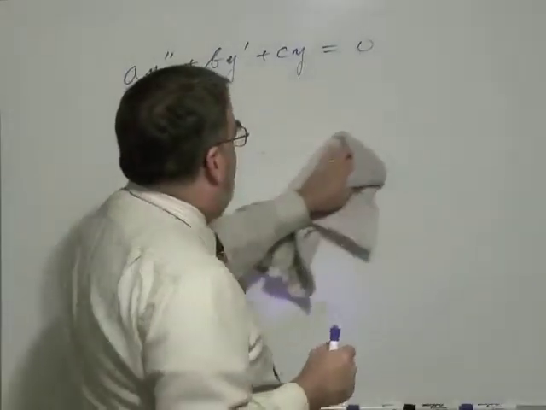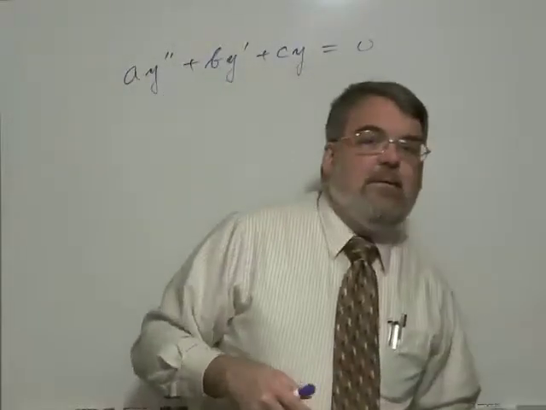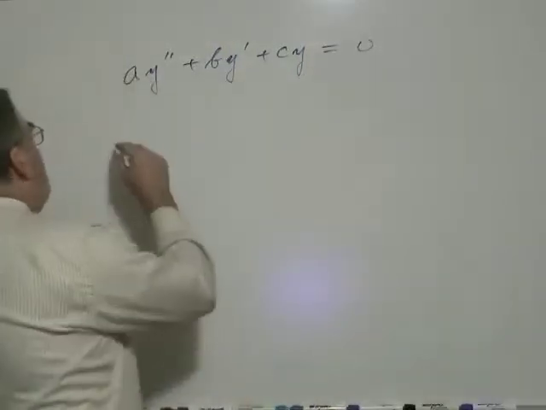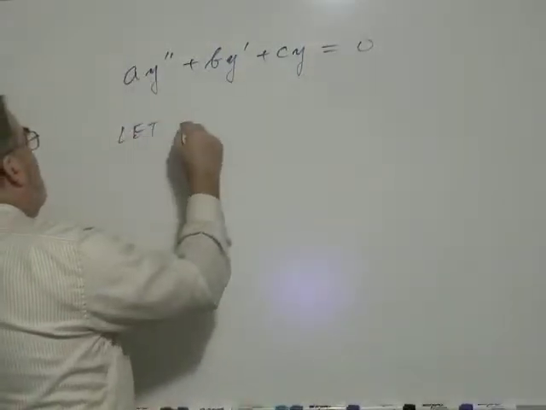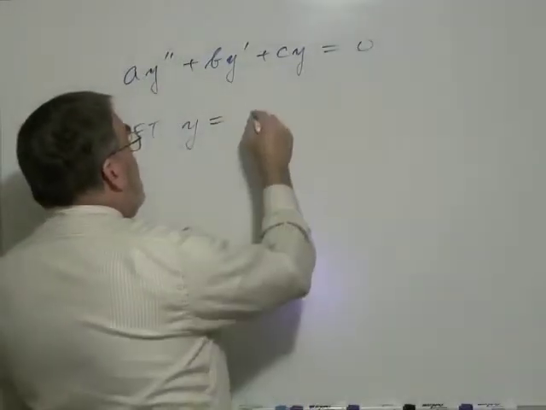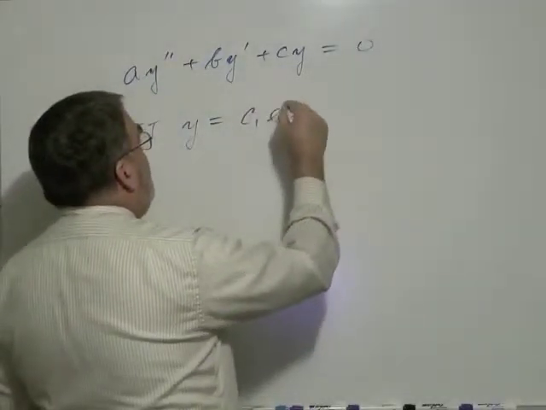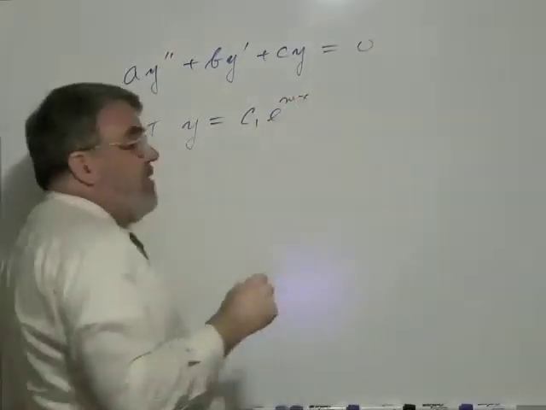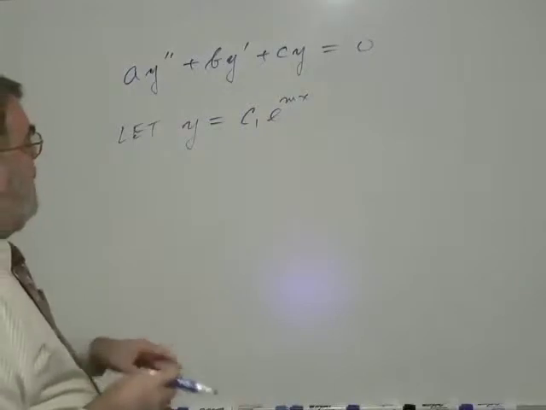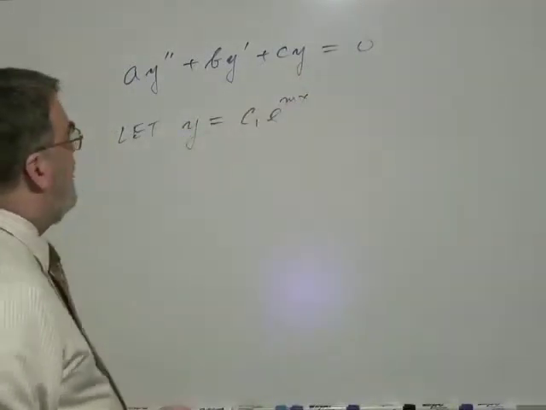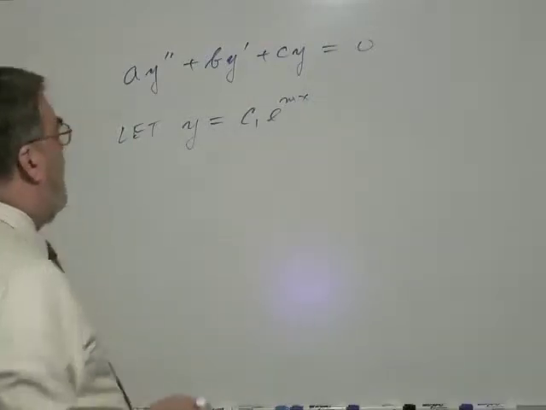And my idea is this: I'm going to do a trial solution here. I'm going to let y be equal to, I'm going to call it c1 e to the m times x. Now I didn't want to confuse this constant with letter c here, so I'll call that c1 for now.